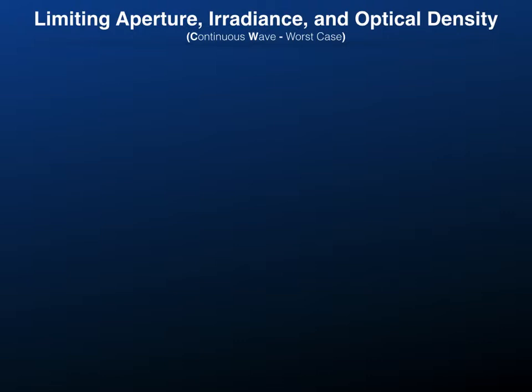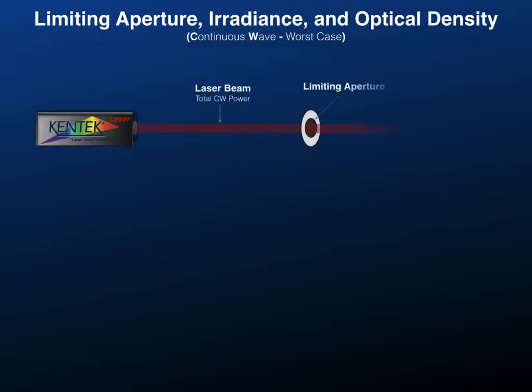We're going to start off by looking at the relationship between limiting aperture, irradiance, and optical density. We'll look at a continuous wave laser, and we'll look at the worst case. To begin with, we'll take a laser beam, which has a total continuous wave power. In laser safety, we always pass the beam through a limiting aperture.